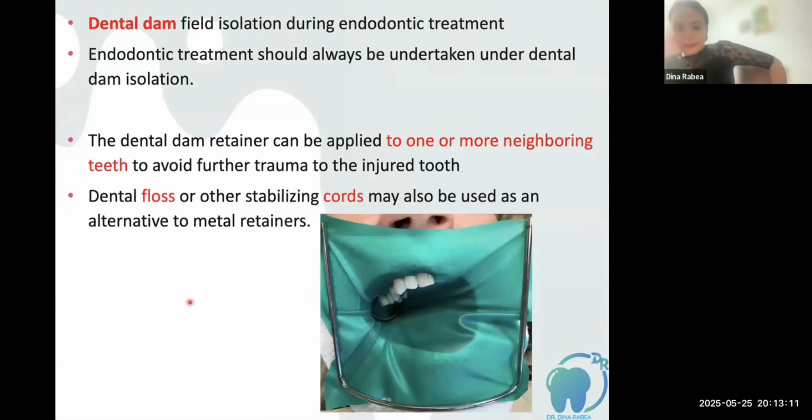The guidelines always go for the dental rubber dam during endodontic treatment, especially with these patients who might be moving a lot, many times in pain and not stable.